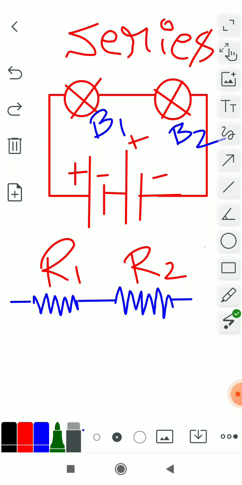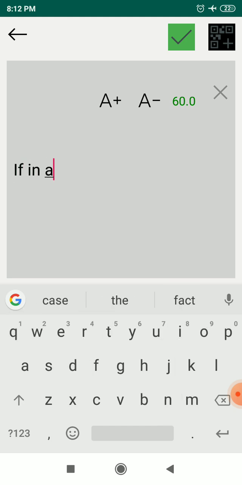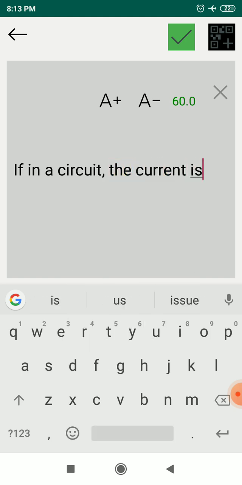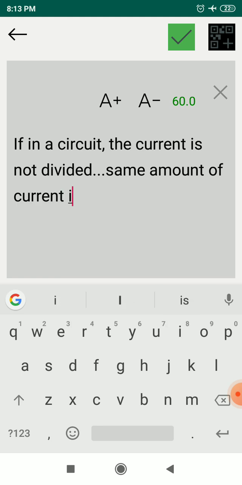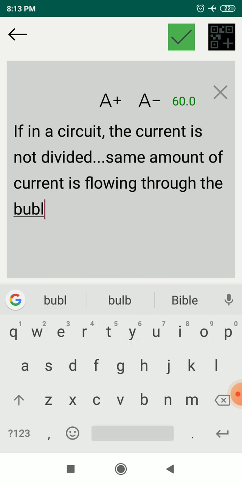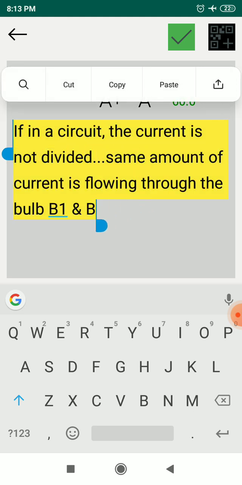In a circuit, if the current is not divided, it means the same amount of current is flowing through both bulb B1 and B2. That's why it is in series.